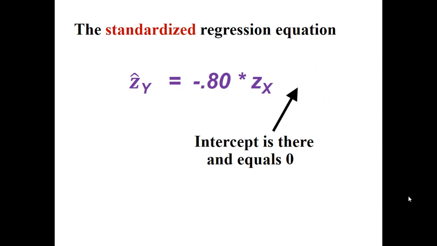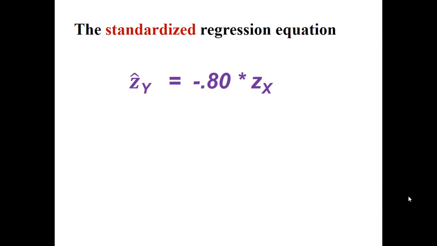The intercept is there, and it equals 0. But it's an invisible presence, like a guardian angel or Casper the Ghost. So to sum up, here's the standardized regression equation, and here it is in mathematical notation. The predicted z of y is equal to beta times the z of x.